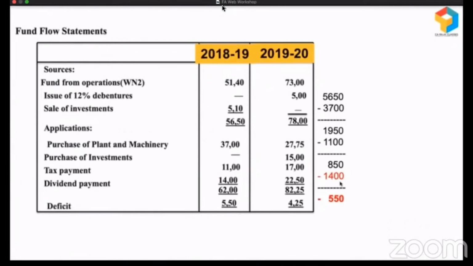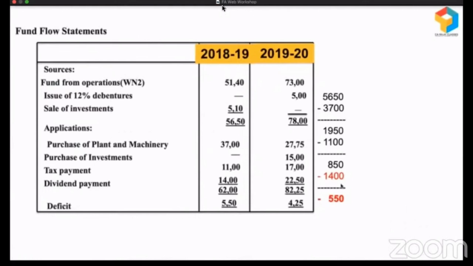Or the other way is, when they have an investment of 3,700, why are they paying dividend? They could have used this money for funding that, right? They didn't. They paid dividend when they don't have adequate funds. When they had only 850, they paid 1,400. They simply diverted short-term funds for long-term purpose.